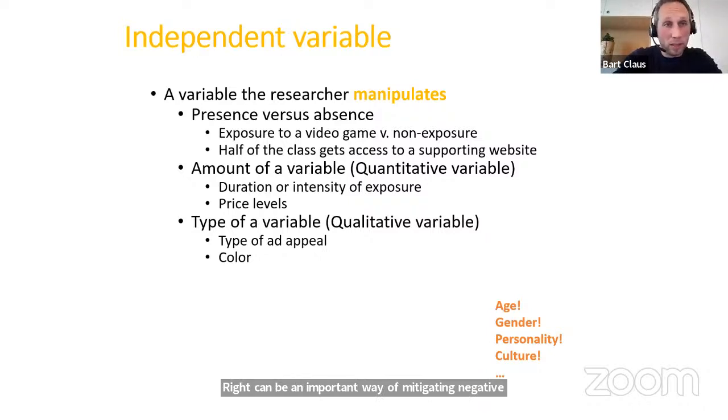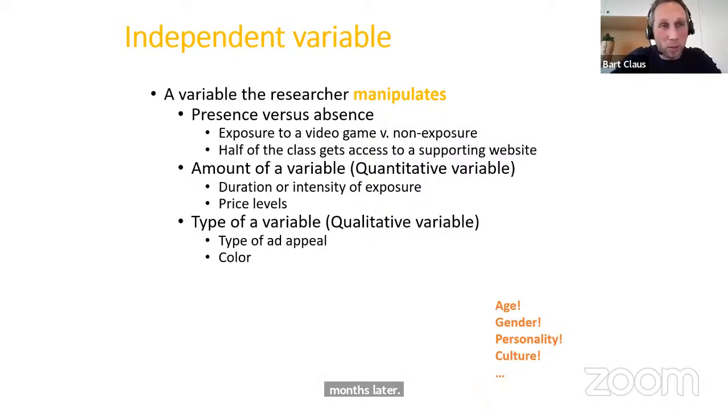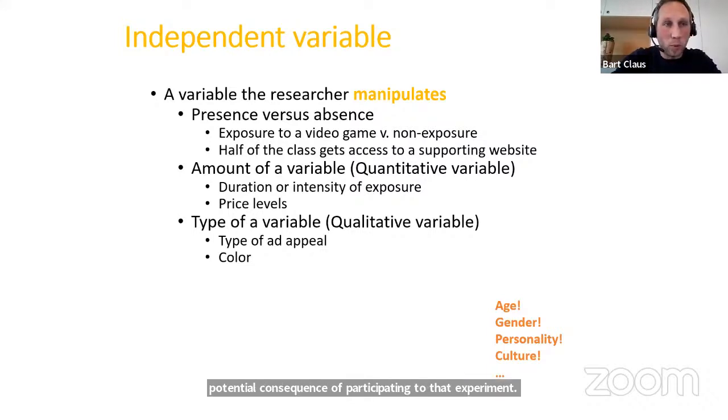And in some cases, for example, for the Stanford Prison Experiment or for the Milgram experiment, it's important to follow up with people, to check maybe a couple of weeks or potentially even months later how they are doing as a consequence of, or potential consequence of, participating in that experiment. So yes, ethics is definitely an important topic as well.